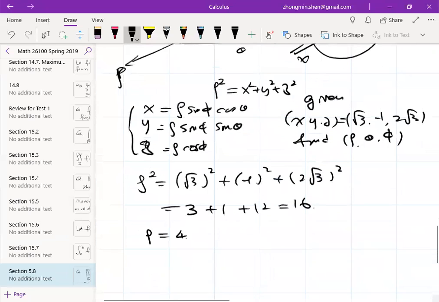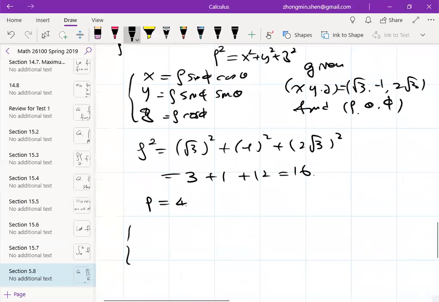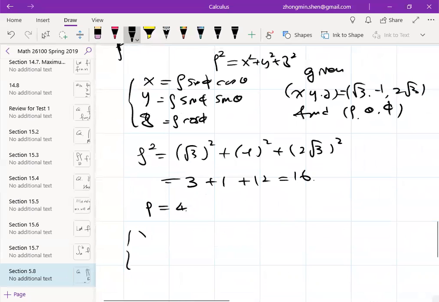The x coordinate is going to be r cosine theta, and y equals r sine theta. Here r is going to be rho sine phi, but we don't know it yet. If I can determine r, then I can determine phi.